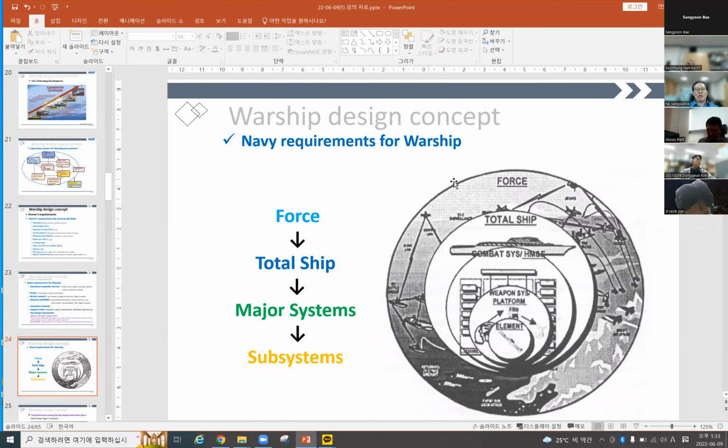All the Navy requirements are converged from the concept to details. First, what is the force requirement? What is the total ship requirement? What is the combat system, the major system requirement? And what is the subsystem requirement?